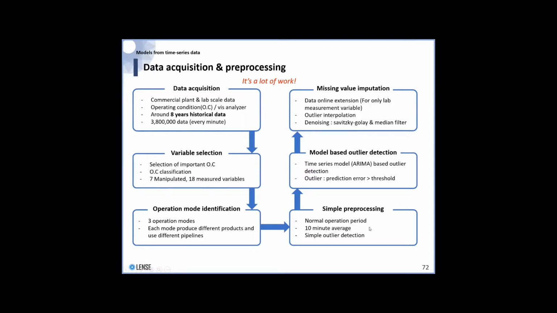Simple pre-processing, taking averages and so on, simple outlier detection. Then we did model-based outlier detection, missing value imputation, and filtering the noise out. A lot of work went into cleaning up the data so that it is ready for modeling.